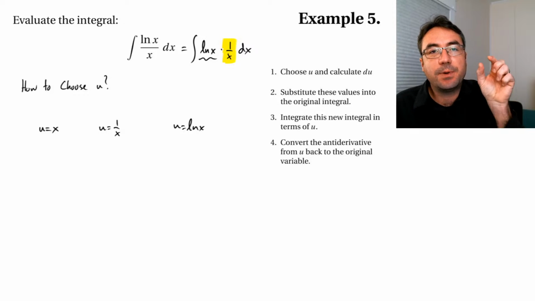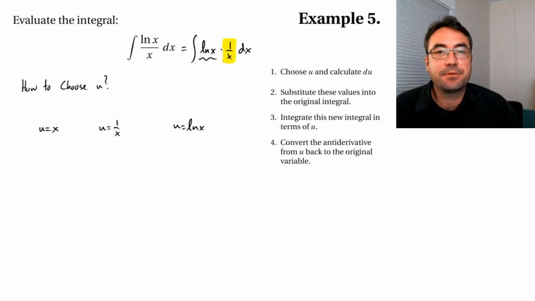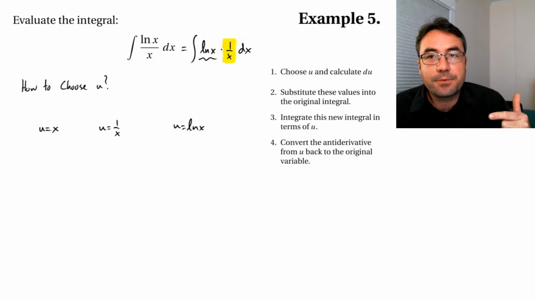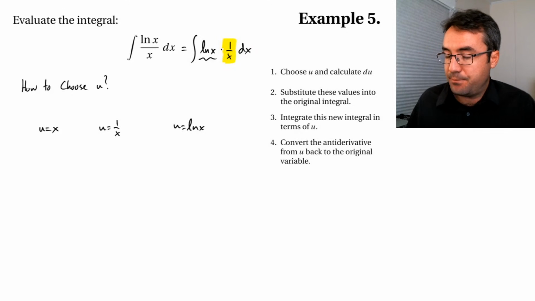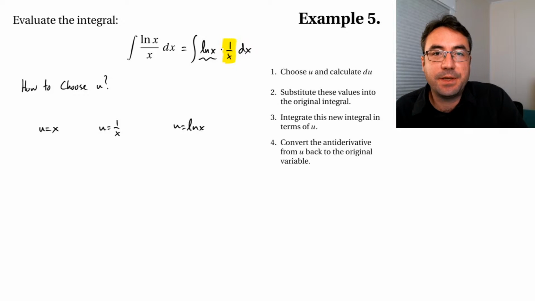So you're just trying to identify the different pieces of your function, and where your choice for u really works is what happens when you calculate du. You're going to be able to tell pretty quickly if things are looking good or not by what happens when you calculate du.